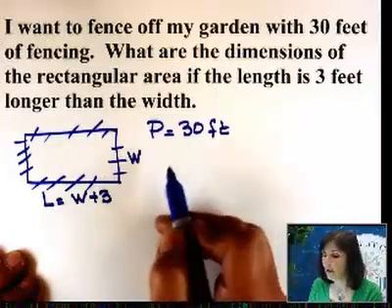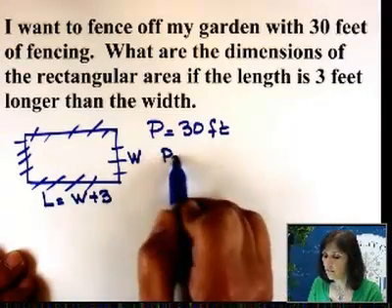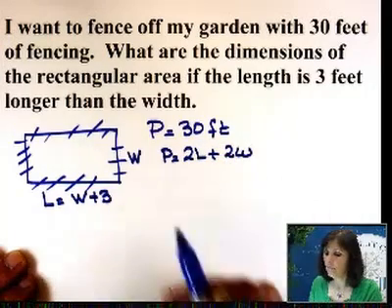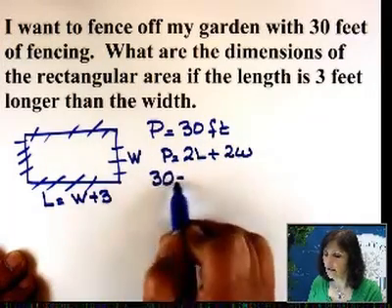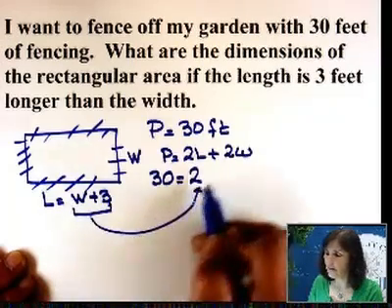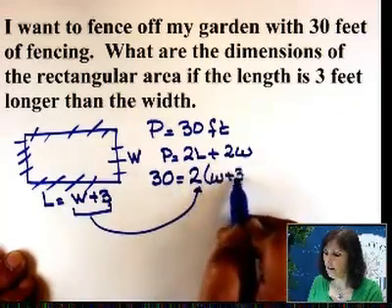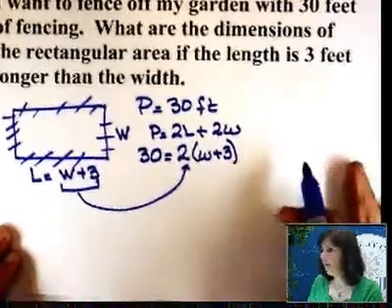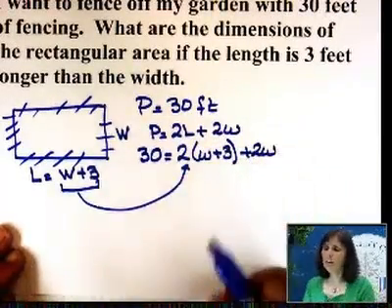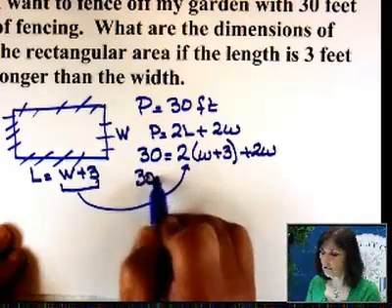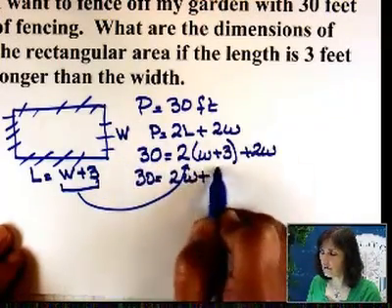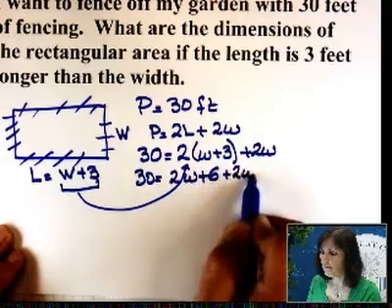So let's write down my equation. P equals 2L plus 2W. P is 30. L is W plus 3, so I can put that in there. And then I have another 2W in there. Clean it up. 30 equals 2W plus 2 times 3, which is 6, plus 2W.